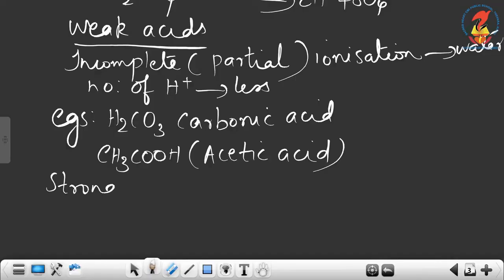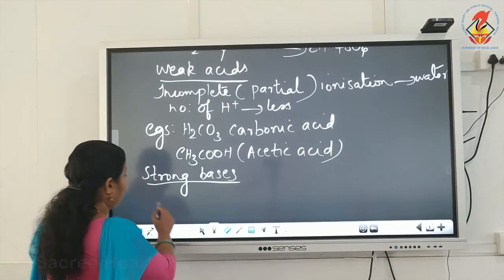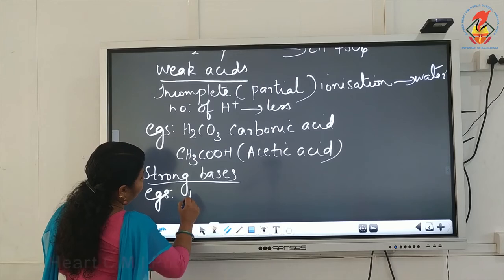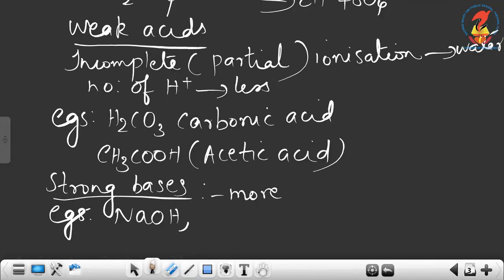Similarly, we have strong bases. Definition is almost the same. Strong bases undergo complete ionization in presence of water. When dissolved in water, they undergo complete ionization and they produce more number of OH minus ions.